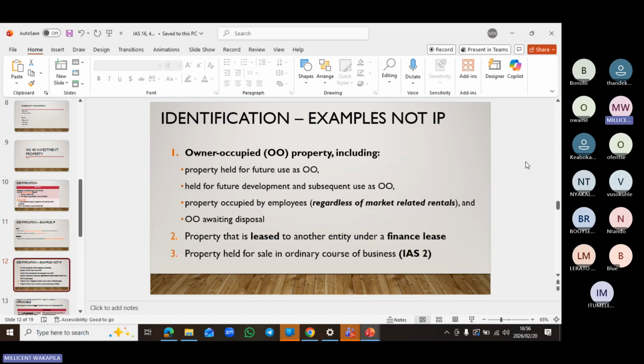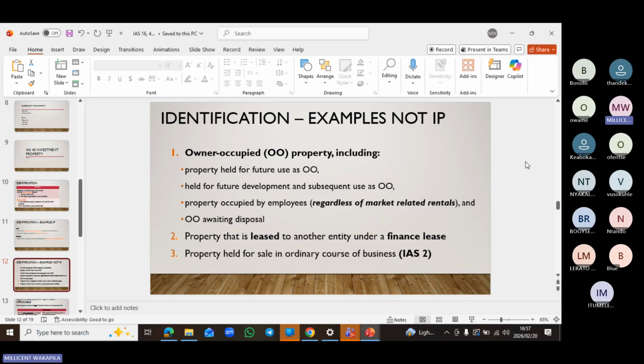And then what is owner occupied property? Owner occupied property is PPE. So examples of not investment property: PPE. What is PPE? We are talking about property, plant, and equipment. It's also called owner occupied property. It includes the property that is held for future use as owner occupied.